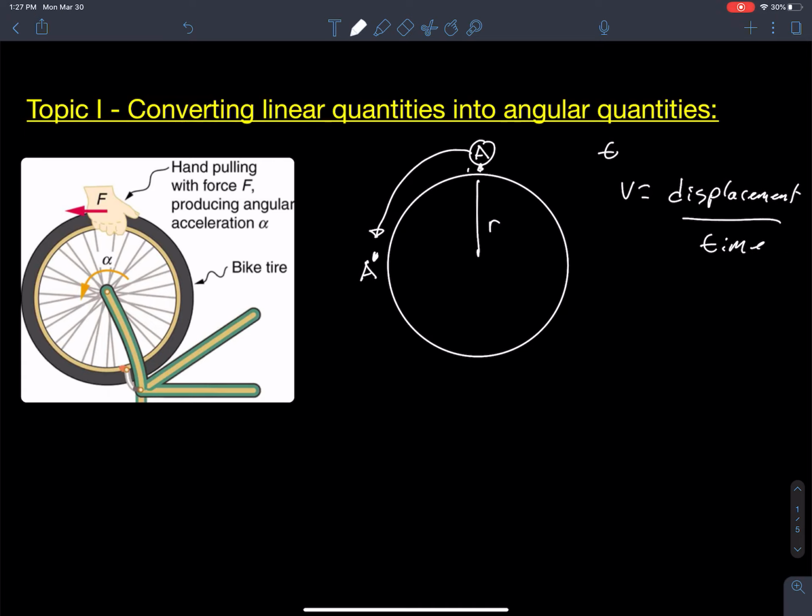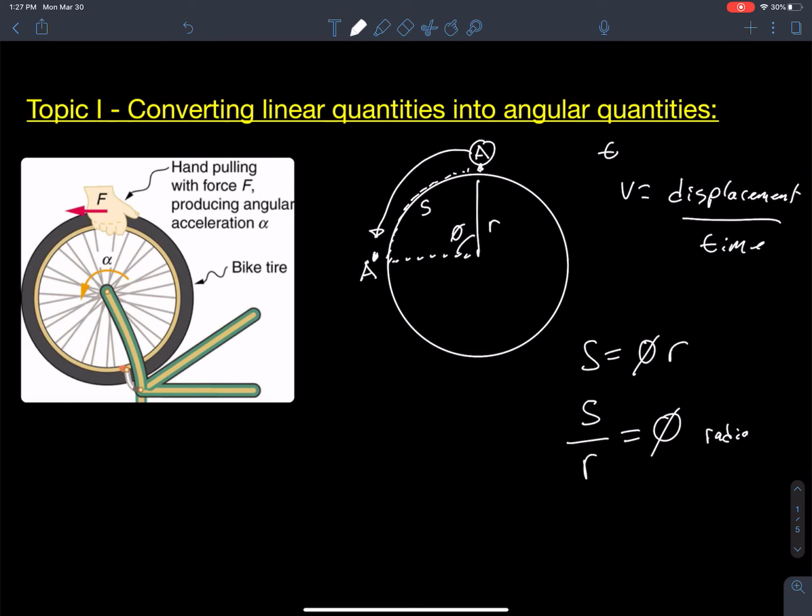That arc would be my displacement, which let's call S. So that arc is going to be my displacement, and that would be the angle at which I've moved from going from point A to point A prime. And if you remember, we always applied this formula for arc length and radius: S is equal to theta r. So my displacement divided by r is going to give me my angle in radians.